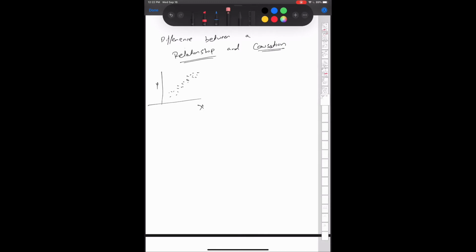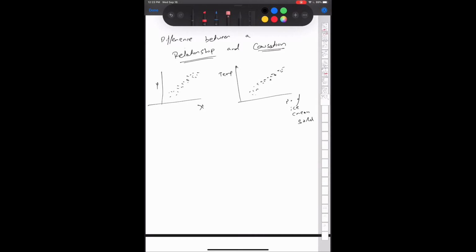A very simple data set you can think of is: on the x-axis is the number of ice creams sold, and on the y-axis is the ambient temperature outside, right? If I collect data points, you'll see that as the number of ice creams grows, the temperature grows. That doesn't mean that selling ice cream increases the temperature, right?